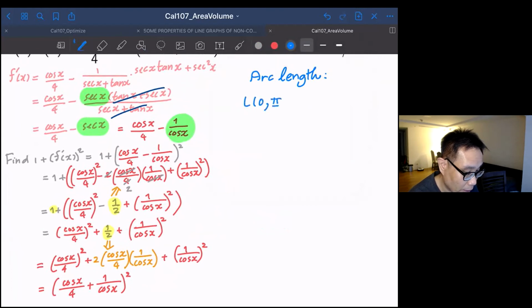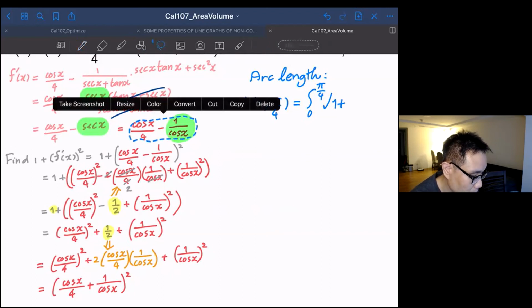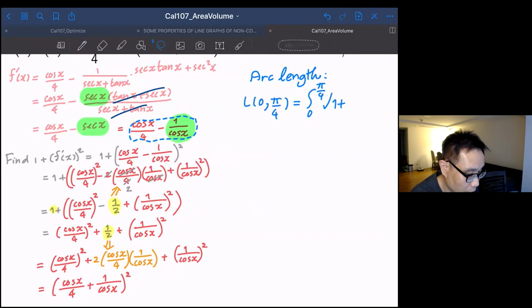L from 0 to pi over 4. So it's going to be the integral from 0 to pi over 4 of the square root of 1 plus the derivative that you have. Okay, so you're going to copy this guy. So it's going to be here that I'm going to put the derivative.